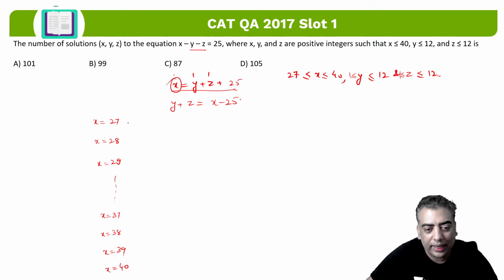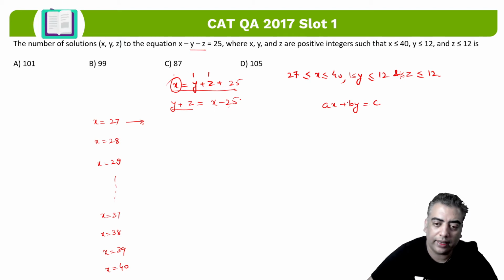So when you take x as 27, y plus z will be equivalent to 2, right? So the number of natural number solutions when ax plus by equal to c, you have an equation, right? And a and b are factors of c.